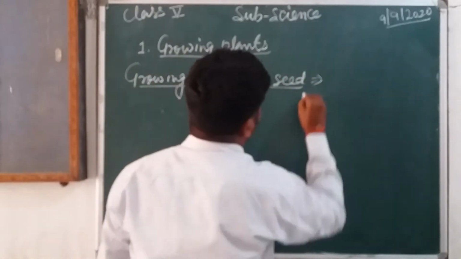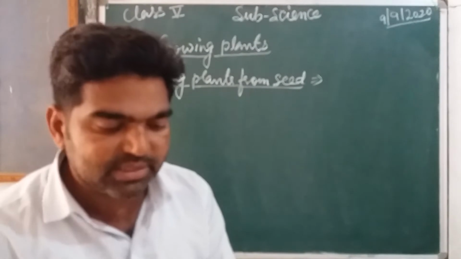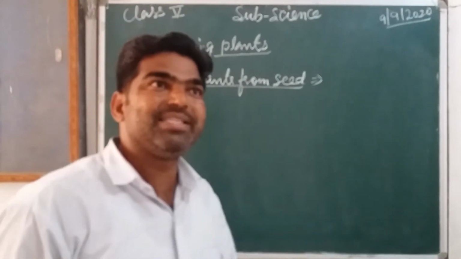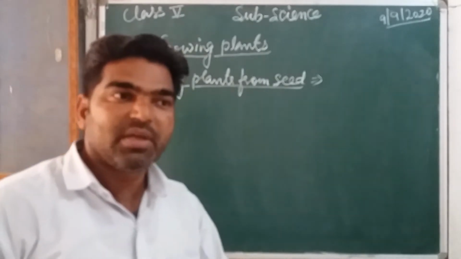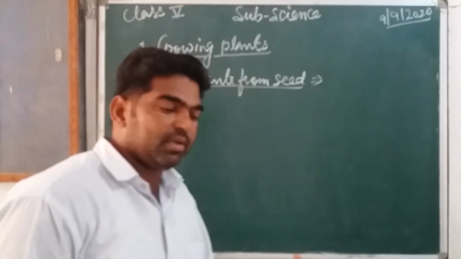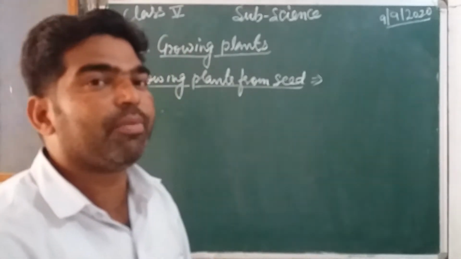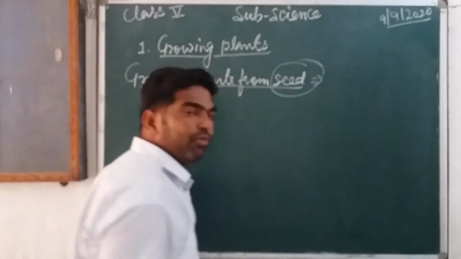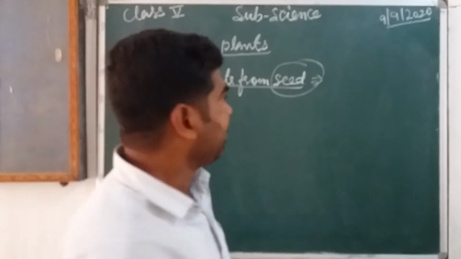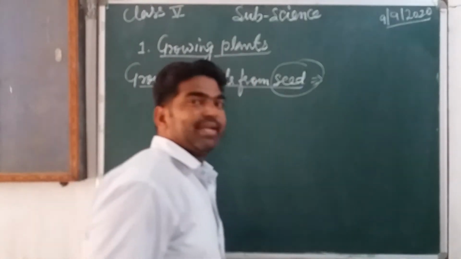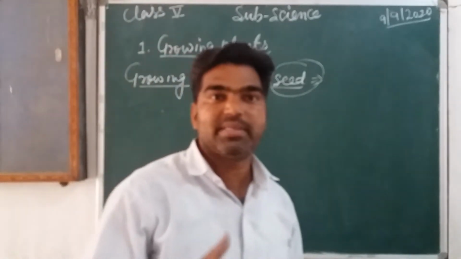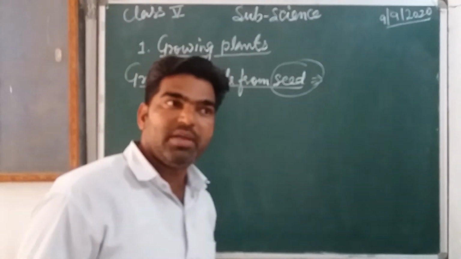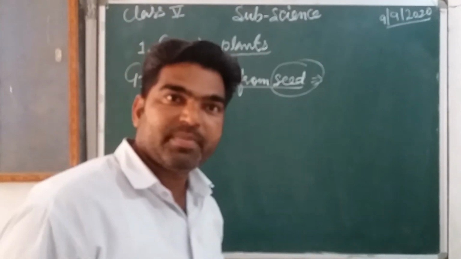Generally you see that the plant grows from the what? From the seed. A seed is the main part of a plant for its growing. This seed has 4 different parts, which we already discussed: the outer covering called the seed coat, cotyledons, seed hole, and what?